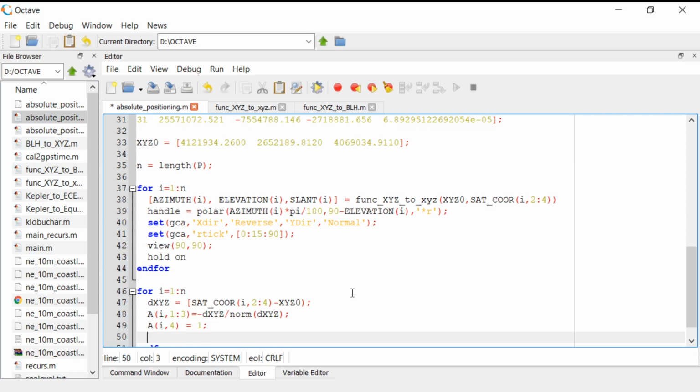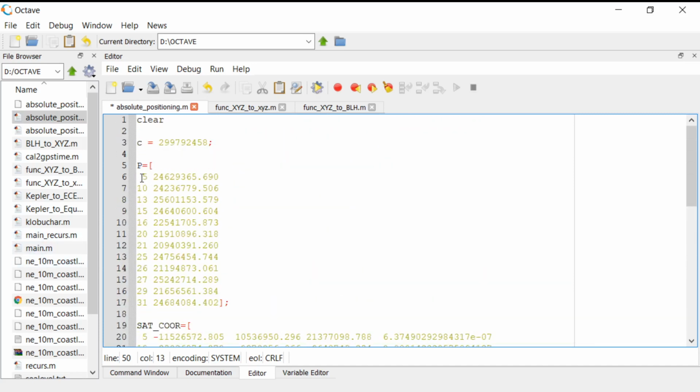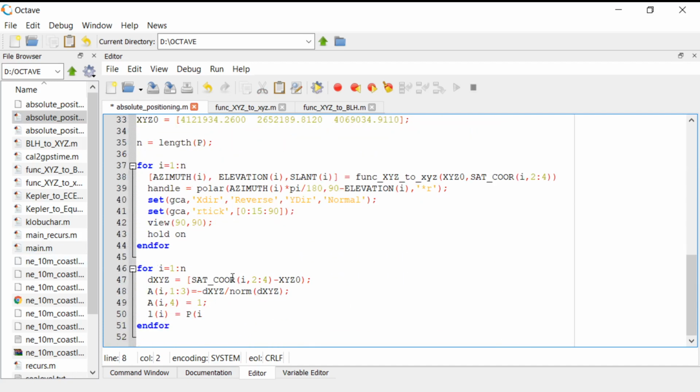Now I need the left-hand side. As you recall, the left-hand side should include L, i. So it is the difference from my observations, i. As you see here, in P, the first number is the satellite number, and the second number is my row observation. That's why I'm taking the first row, the second column, minus the norm of my observations.